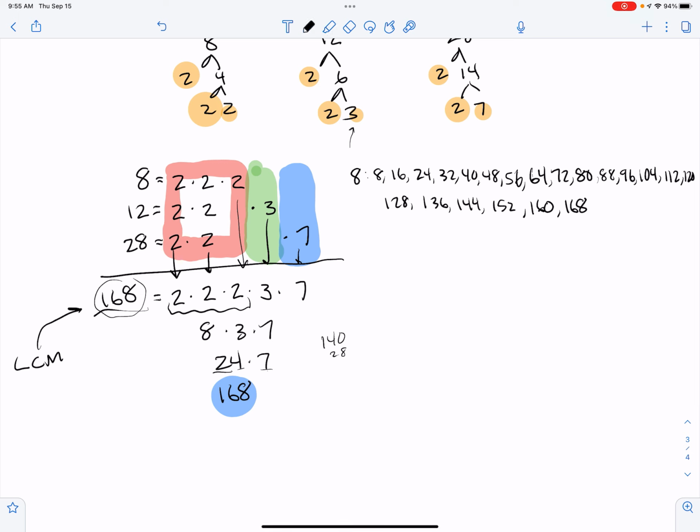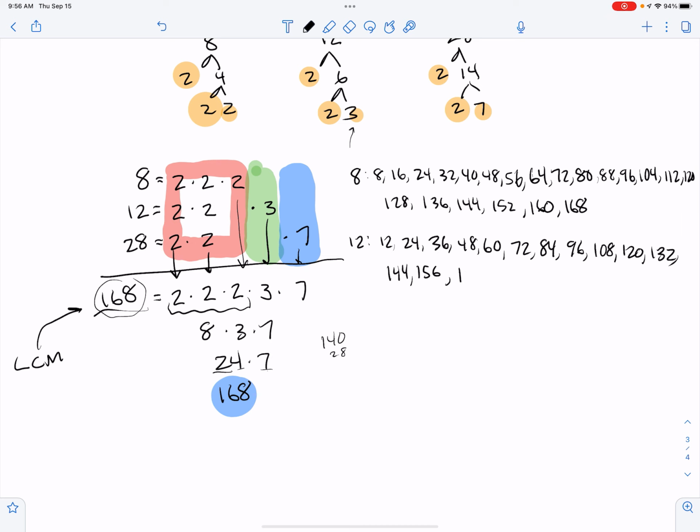So our next number was 12. So I know 12, 24, 36, 48, 60, 72, 84, 96, 108, 120, 132, 144, oh my, 156, 168.